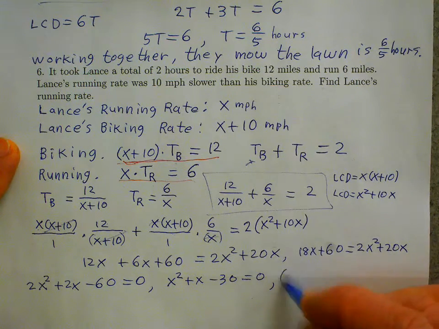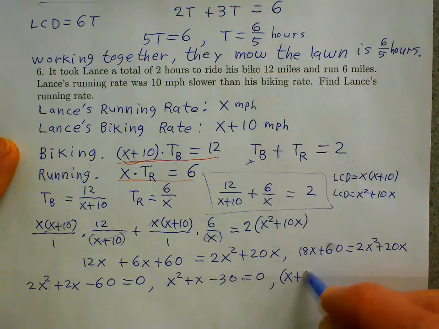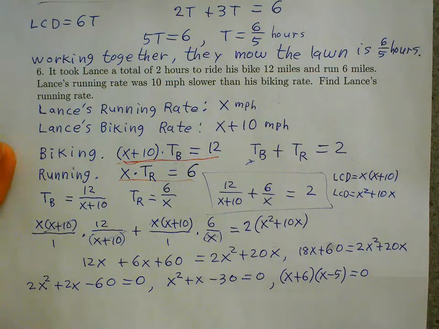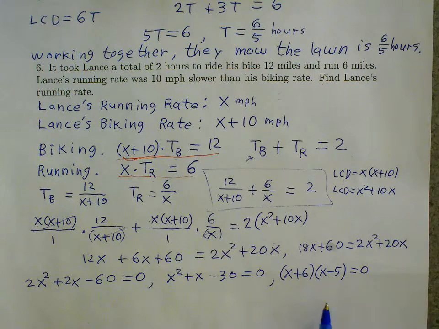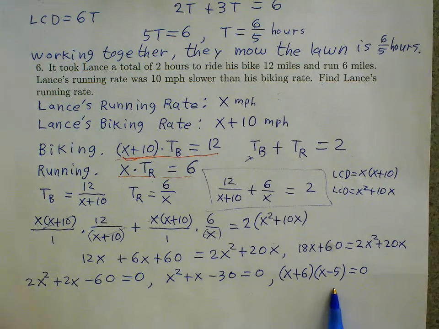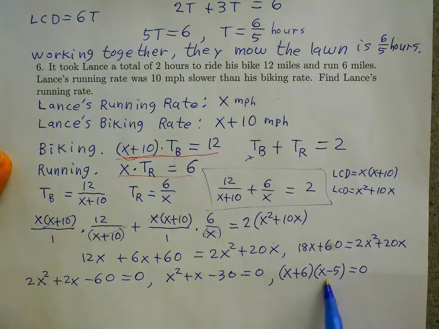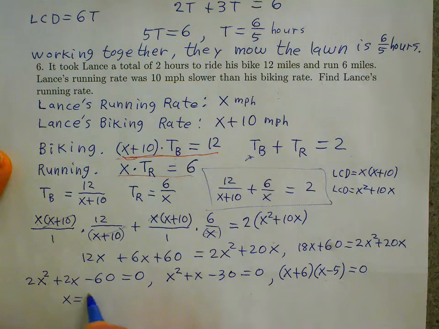One factor is x plus 6, and the other factor is x minus 5. So in this problem, the positive solution makes sense. The solution that's negative doesn't. So x equals 5 is our solution.